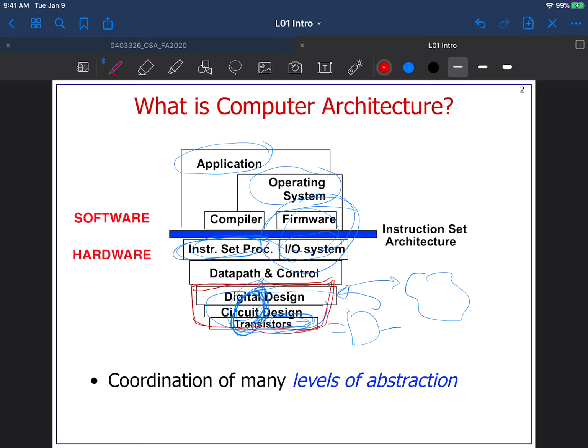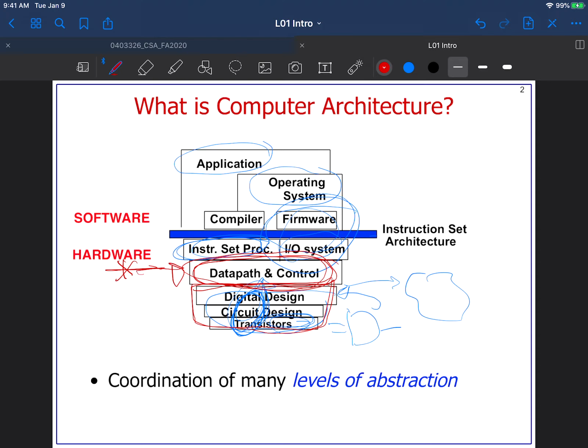We are going to work on how to build the data path and how to build the control path for a computer. This is going to be a main focus in computer architecture, and it would be two chapters of our course.